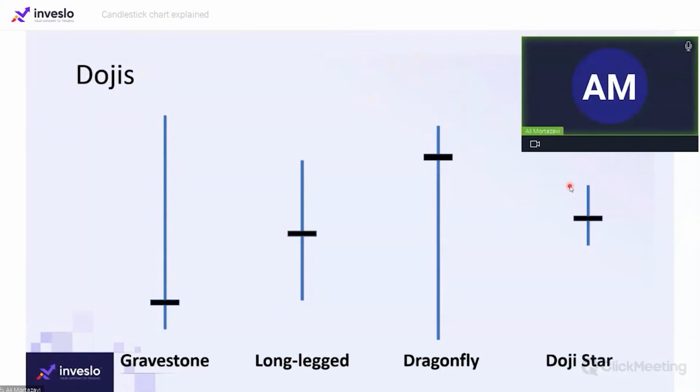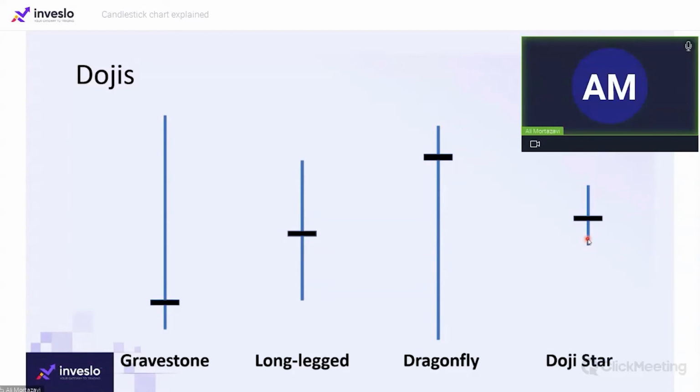For example, you may see this kind of doji at the end of a trading session, especially the US trading session, say at 11 or 12 before the market closes, you see some doji stars with a very short range, which reveals there is not a lot of interest in the market at that time.